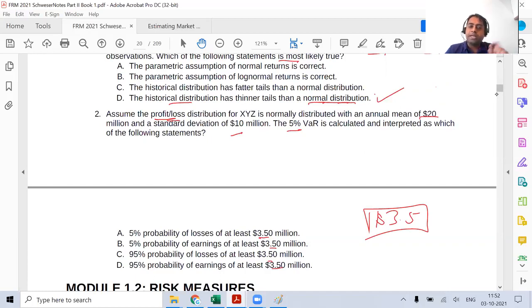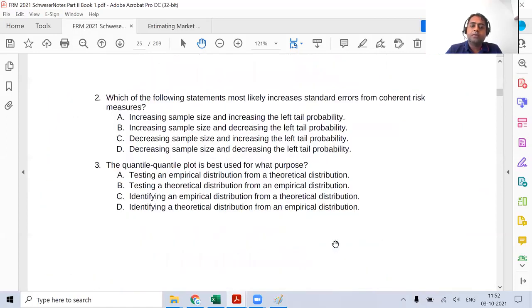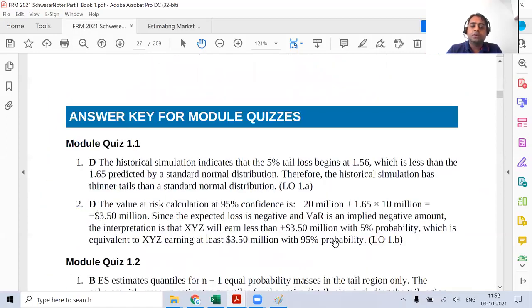And I want you to read the solution also for this question, because they've written it in a very slide. I think they've got the answer of D, if I'm not wrong. They've got D, right? But the way they have shown you the answer, I'll go to the answer now for you guys to see.